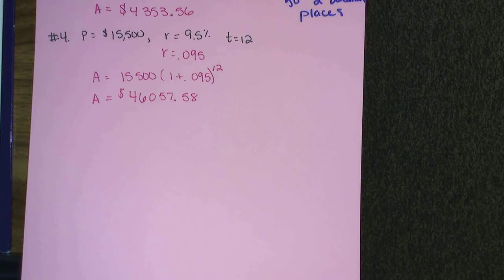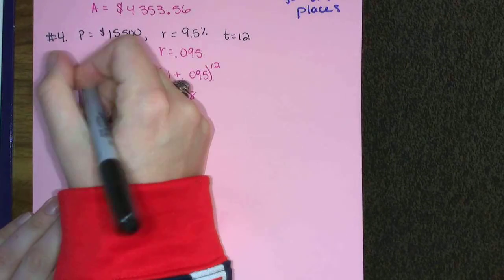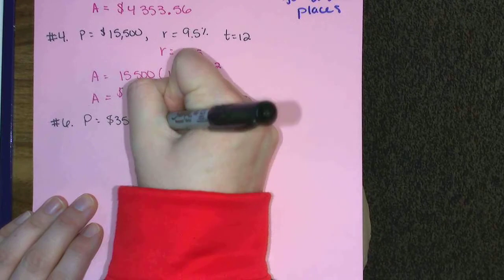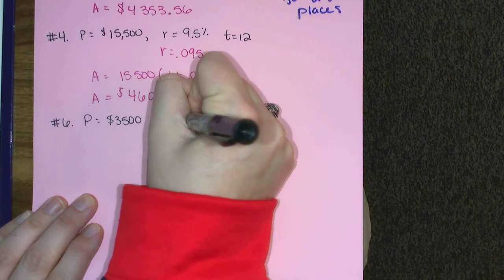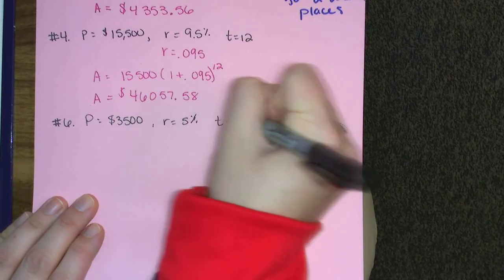Alright, so that's those ones that are the interest compounded annually. Now we're going to do the ones that are compounded K times per year. So we've got P is $3,500. R is 5%. T is 10 and K is 4.